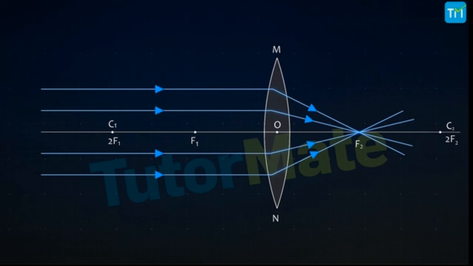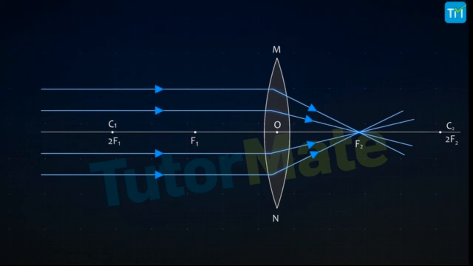At the same time, if we had instead made the beam of light fall on the right face of the lens, then the rays would have converged to a point on the left side of the lens, which also lies on the principal axis. Even this point is known as the principal focus.